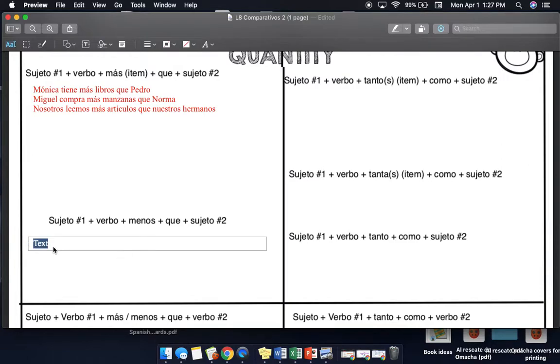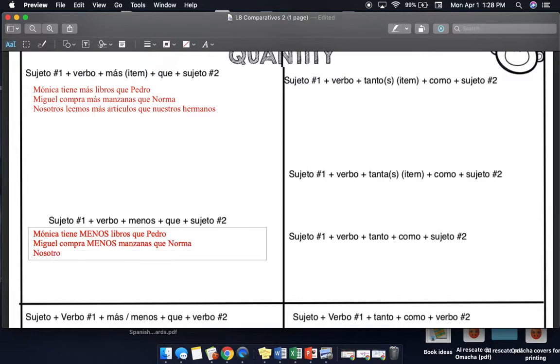So again, just using the same type of activities, we can go, Mónica tiene menos libros que Pedro, and Miguel compra menos manzanas que Norma, o nosotros leemos menos artículos que nuestros hermanos.